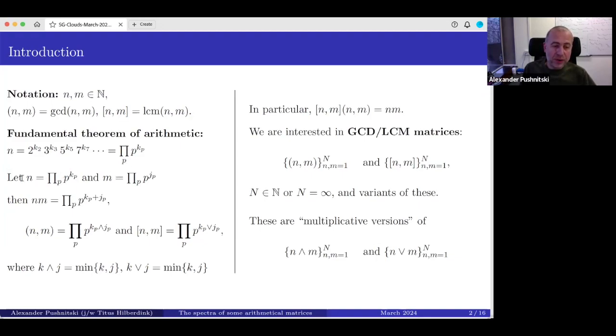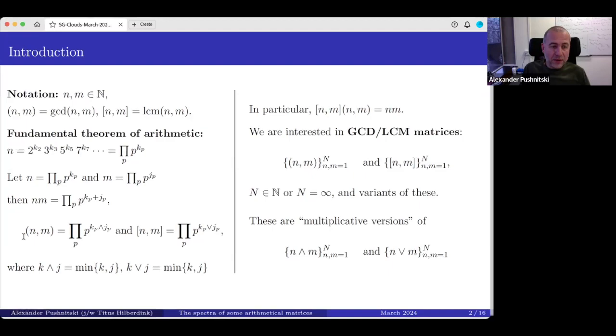Now suppose we have two natural numbers n and m. One will be labeled by multi-index K_p, the other by multi-index J_p. If we multiply them, then in terms of K and J we will have additive notation.